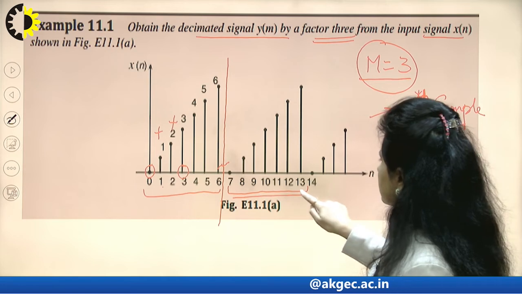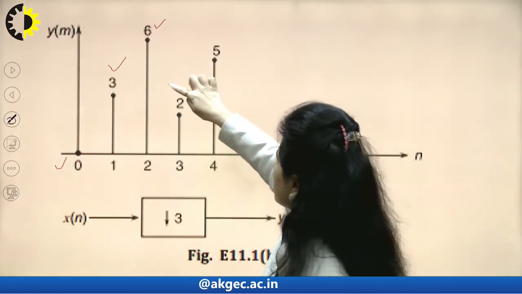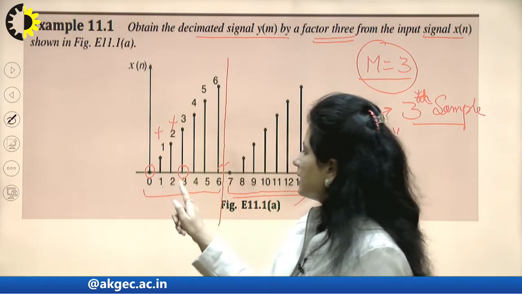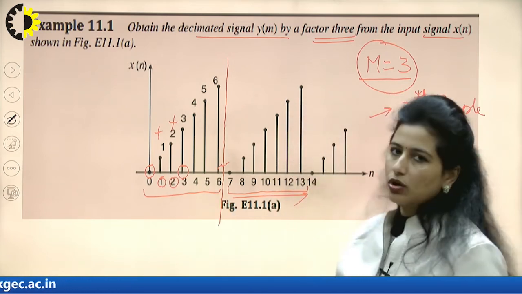Proceeding to the other section, again I would start picking every third sample, so I am getting the second and fifth samples. All the intermediate samples which were available here were lost.